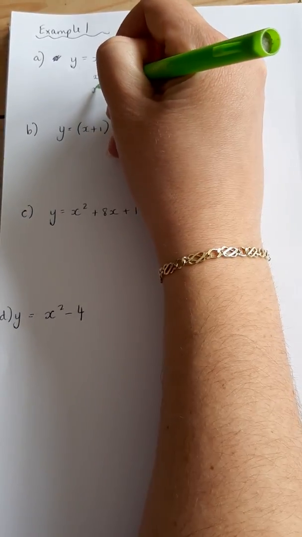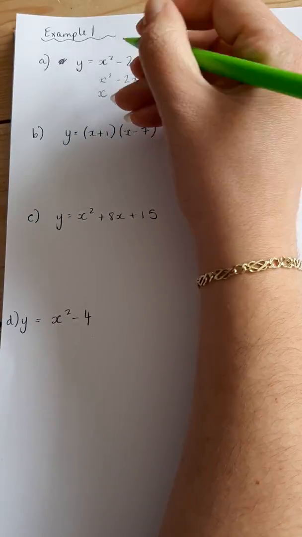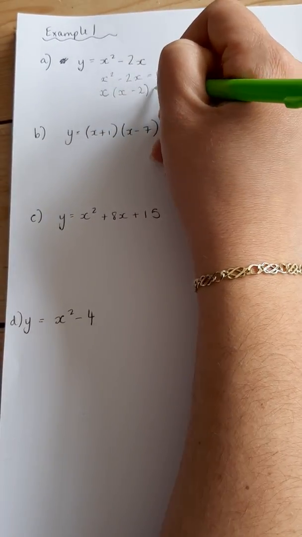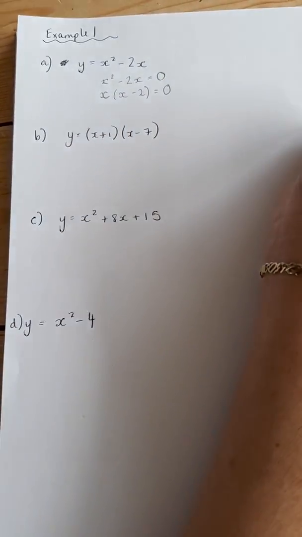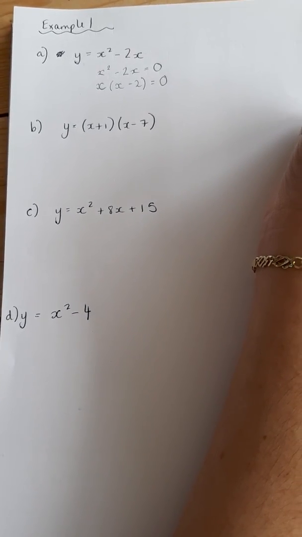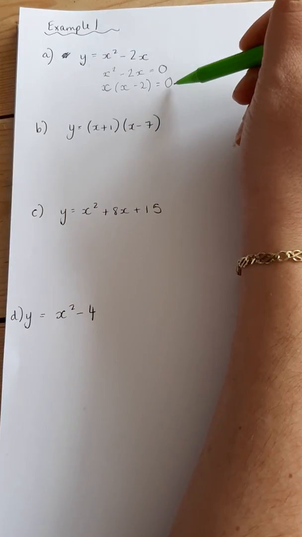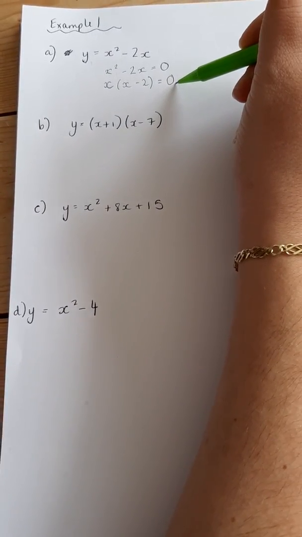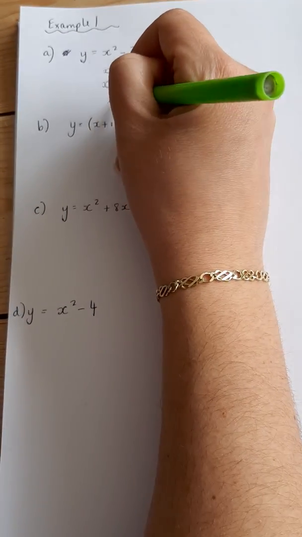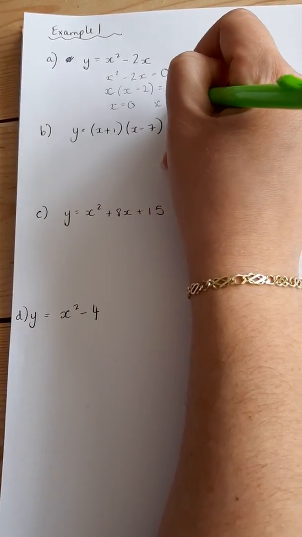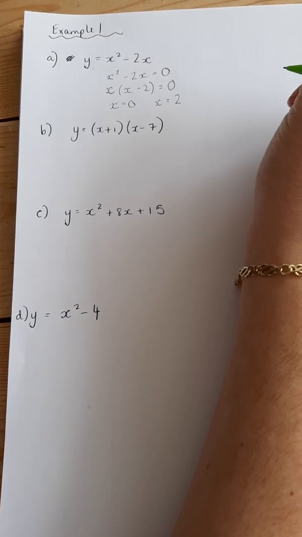So the x will be factorised out the front, and then I'll see what I'm left with in that bracket. So I've taken the x out and I've got x minus 2 in the bracket. Now what that means is this times this has to equal 0. Therefore, x is equal to 0 or x is equal to 2. And they are your roots of the equation.